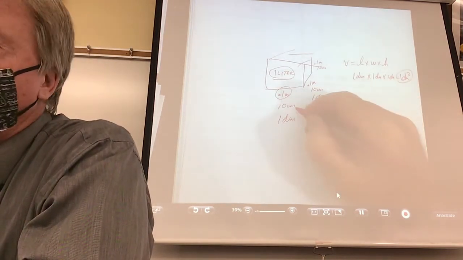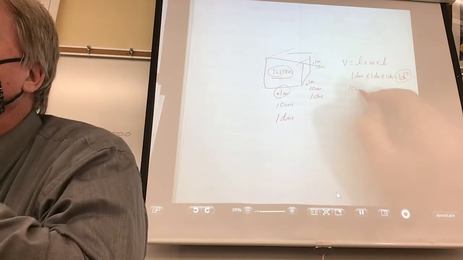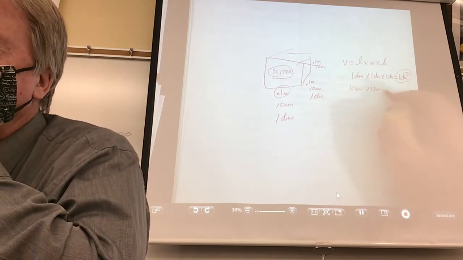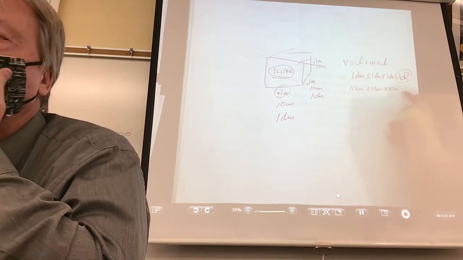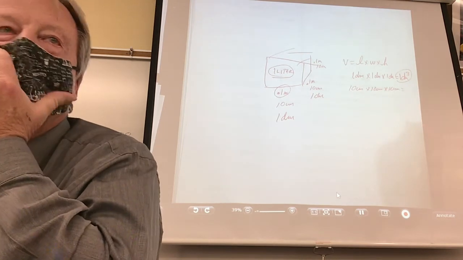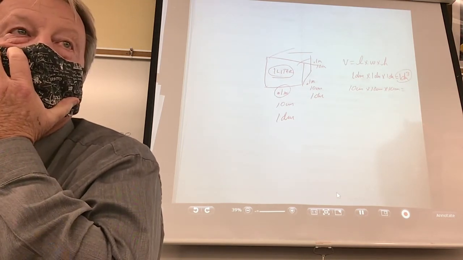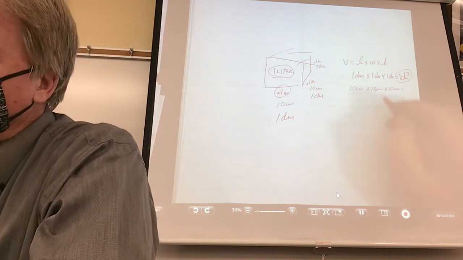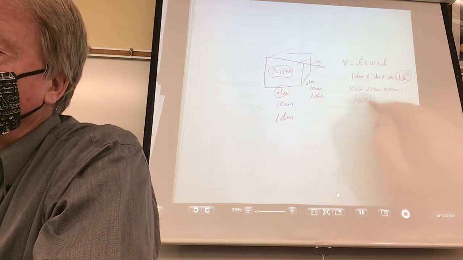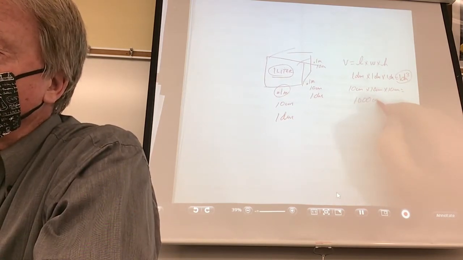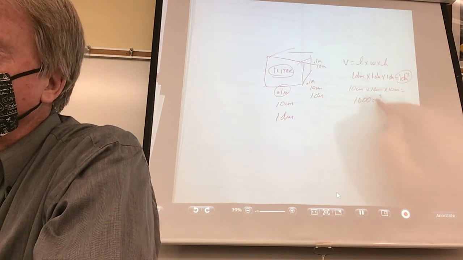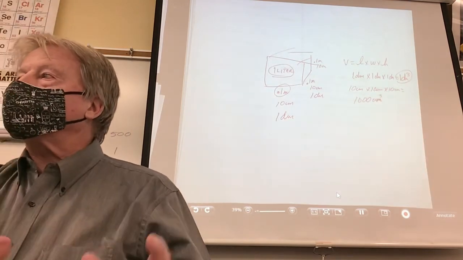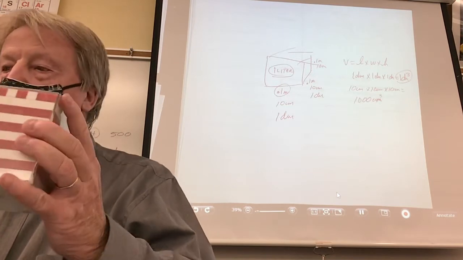Let's do this one. What's 10 centimeters times 10 centimeters times 10 centimeters? What's 10 times 10 times 10? You're right. And that's what this is. This is 1,000 cubic centimeters.